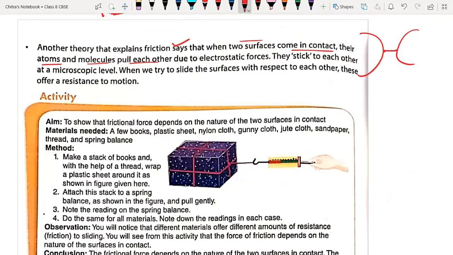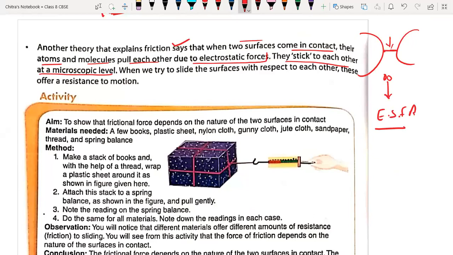When they come in contact, the atoms of the objects pull towards each other due to the electrostatic force of attraction working between them. Hence, they stick together at a microscopic level.